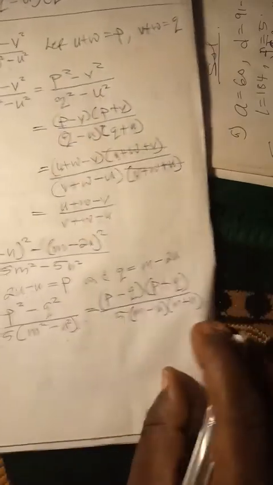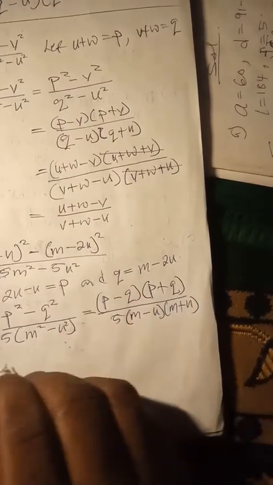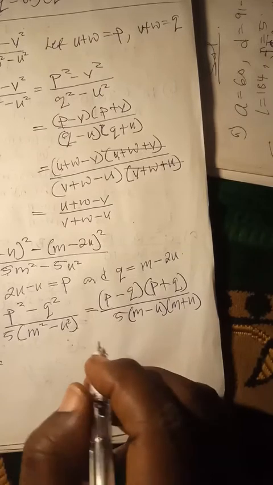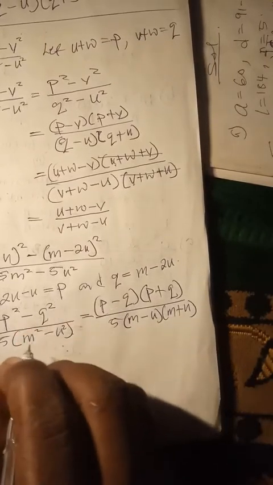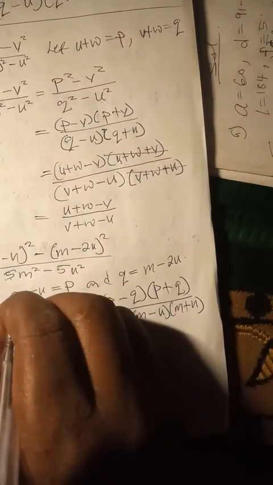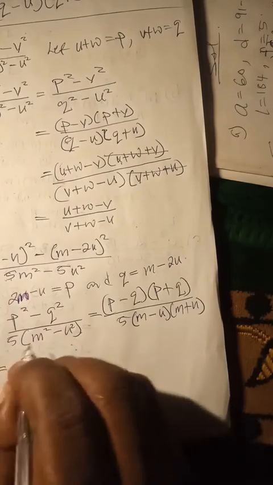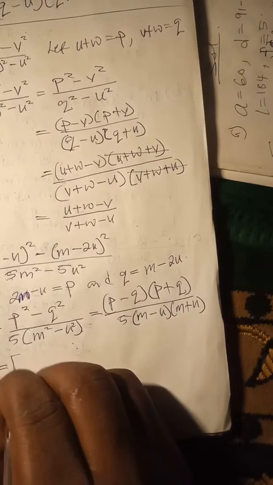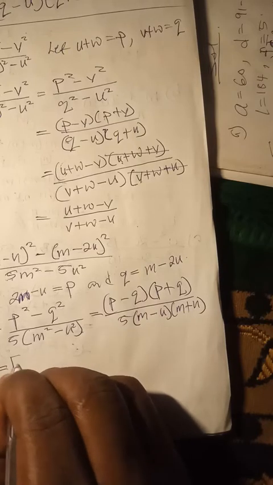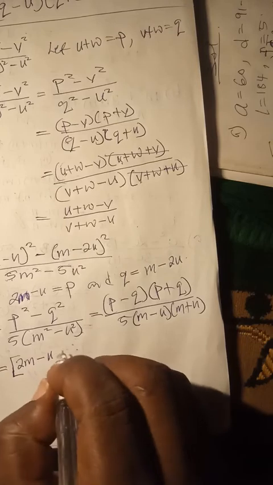This is not difficult. So I plug these things back into this expression. Let me come here, have more space. I'll put P is the same thing as 2m minus u. So P is 2m minus u, I'll put a bigger bracket, 2m minus u, then minus q.